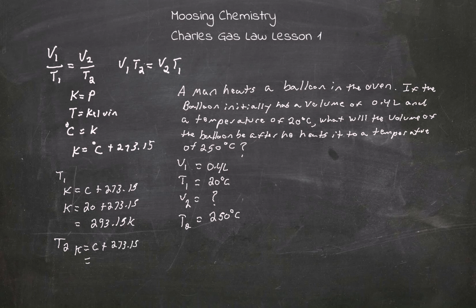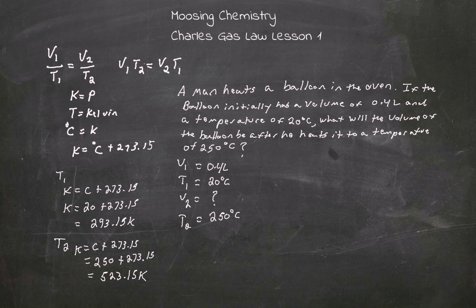So we're going to put in 250 degrees Celsius plus 273.15. And now our new temperature is 523.15 Kelvin. Notice that we don't use the degree sign with Kelvin.